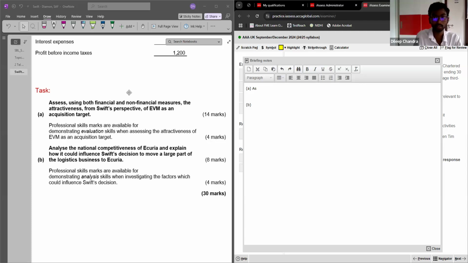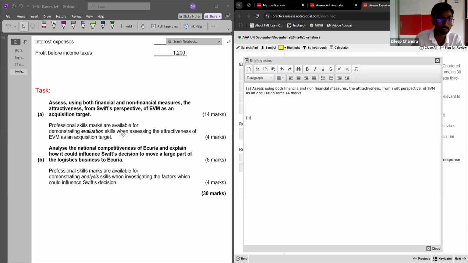First question is: assess using both financial and non-financial measures the attractiveness, from Swift's perspective, of EVM as an acquisition target, and it is for 14 marks.